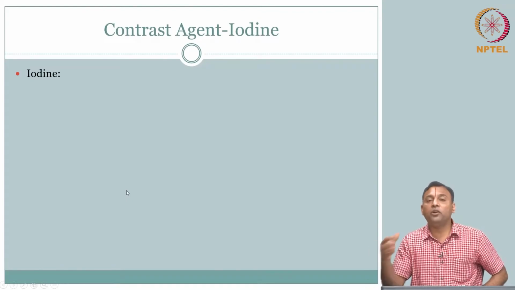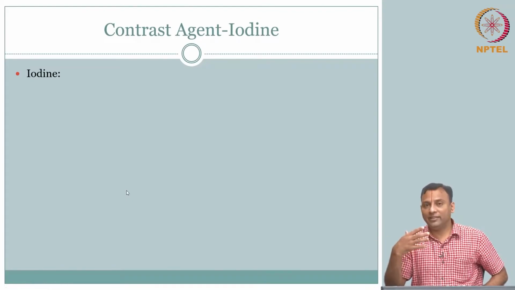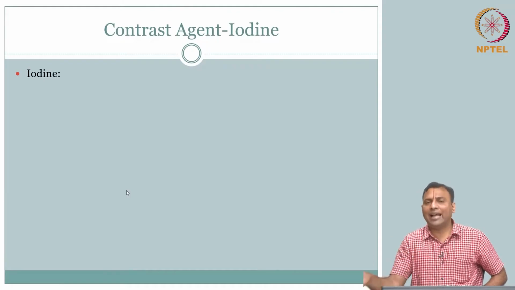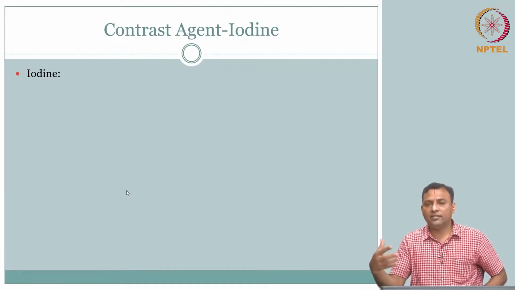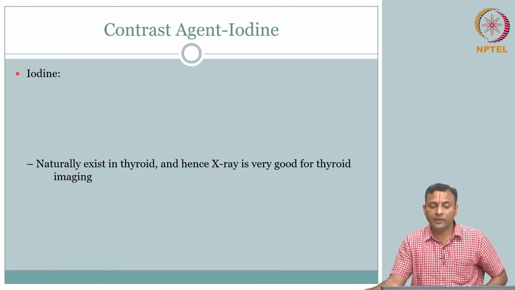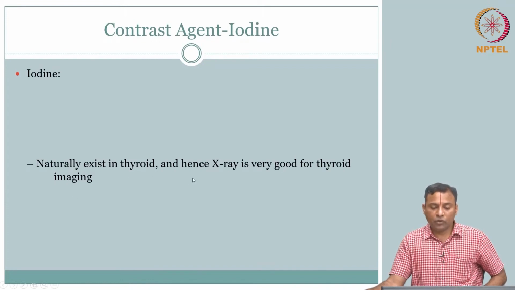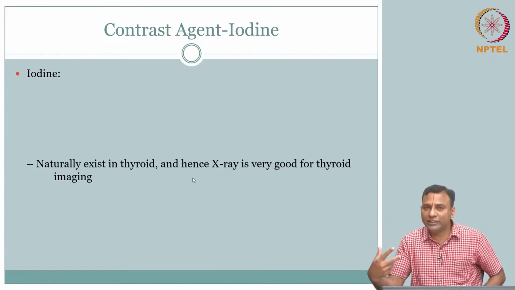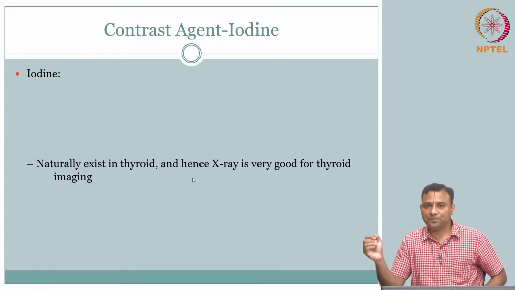Naturally, if you want to do thyroid imaging, you send X-rays, because iodine is there and you saw the K edge. The contrast of the thyroid will be very good because iodine is already there. So thyroid imaging gets a natural benefit; you do not have to inject the contrast from outside.